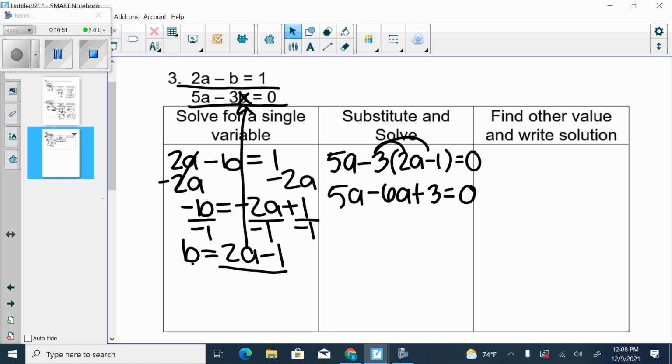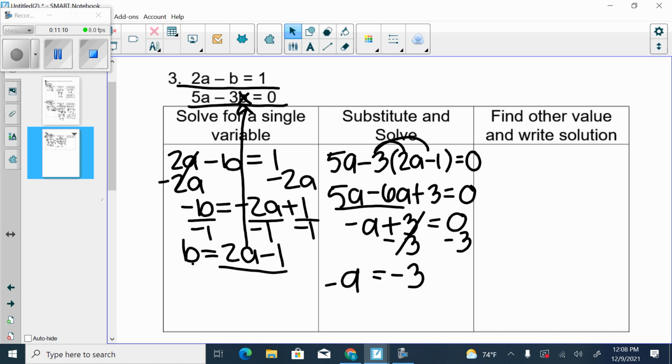Right. Over here we got 2 terms with a in them. Okay. Right. Can't leave that a as a negative, so to fix it, divide by negative 1.